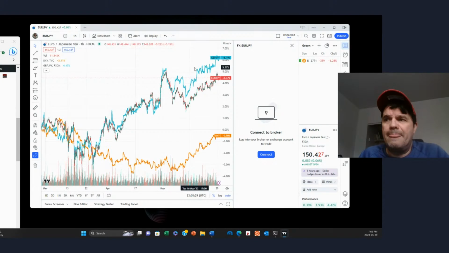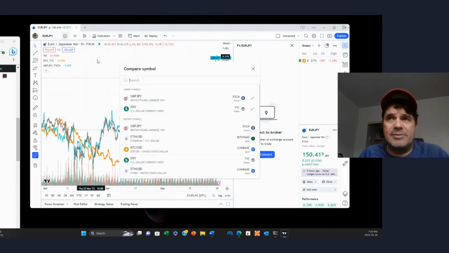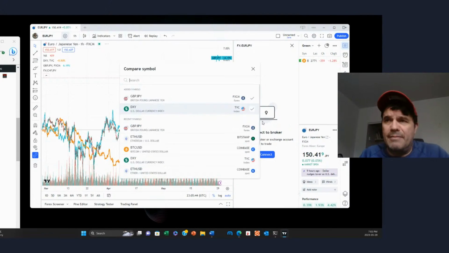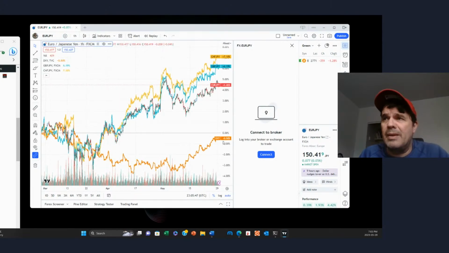So that tells you right there how strong the British pound's been. And it seems that trend still continues. Another pair that might be interesting to look at is the Swiss franc and the Japanese yen. And I'll just wrap that up for. So there you go. 7%, 6%, Swiss franc, Japanese, British pound, and so on.